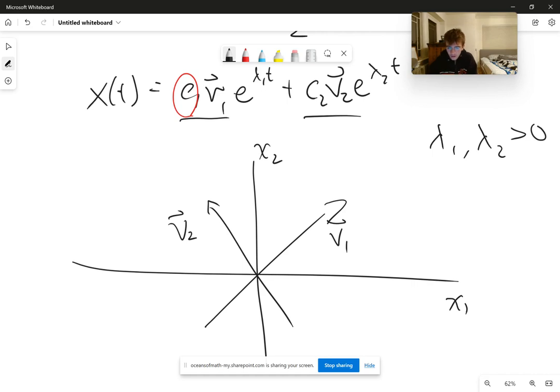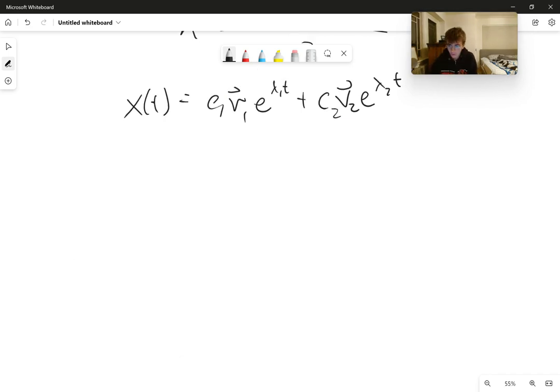If my initial data lies on v1 entirely, then c2 is going to be 0, and I'm just going to live on what's called the unstable manifold, which essentially means that as time approaches negative infinity, I'm going to approach the origin.